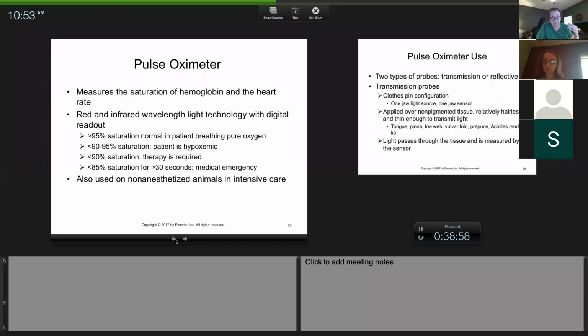Pulse oximeters are not measuring dissolved oxygen in the plasma. It is what is bound to hemoglobin. This handwritten sheet goes over it. Remember 95: for 18, normal is 95 to 100%. That's cross species.